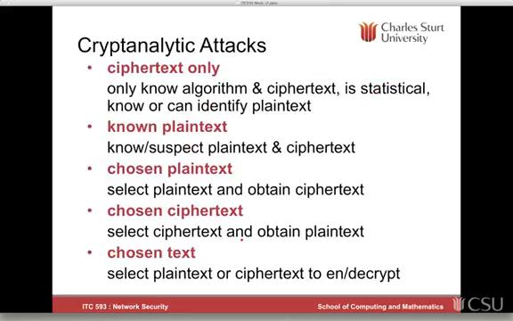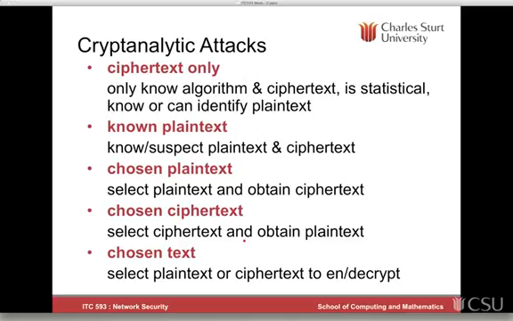In this slide, I will give you some idea of cryptanalytic attacks. This comes from your textbook, table 2.1. This table summarizes the various types of cryptanalytic attacks based on the amount of information known to the cryptanalyst, from least to most.